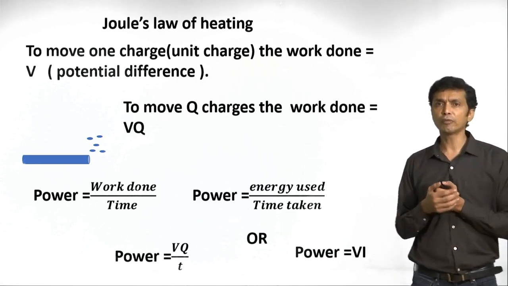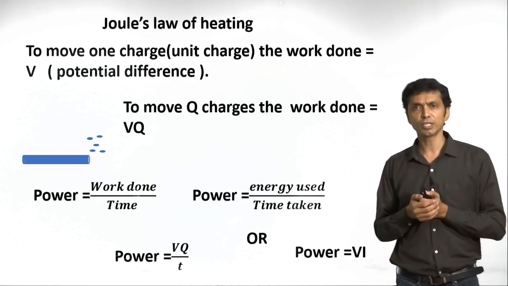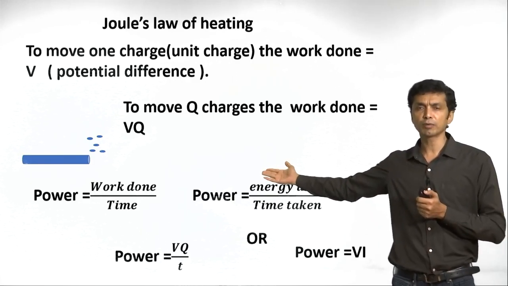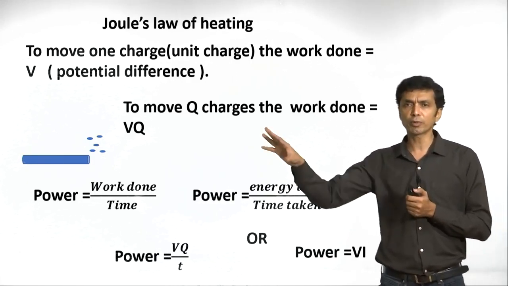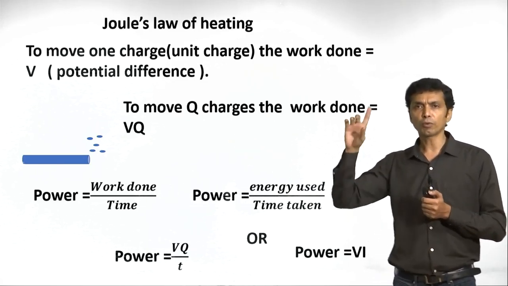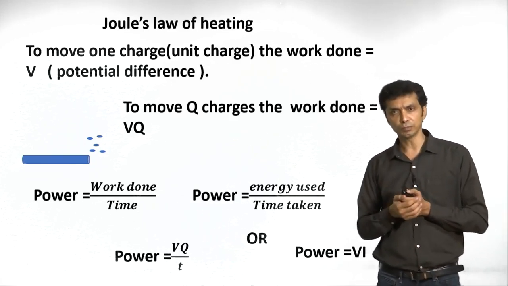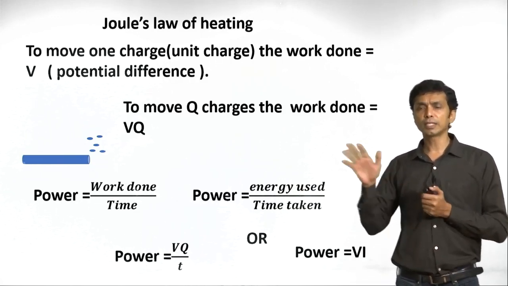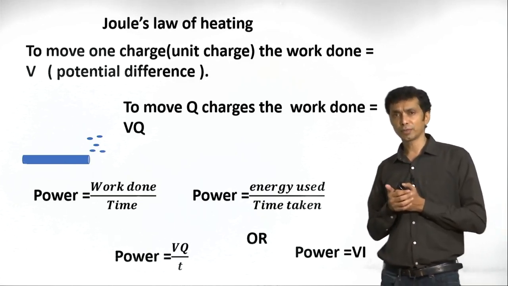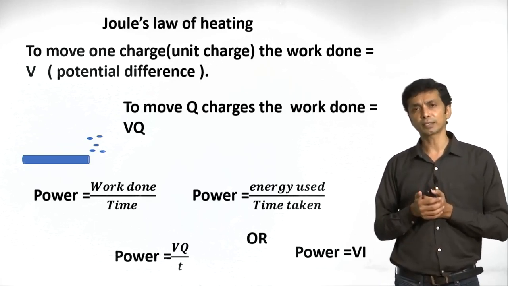So, this is Joule's law of heating. To move one unit of charge, we call it work done or potential difference. If we move q charges, as you can see there, more number of charges are there, then the work done is V into q. For one charge, the work done is V. For q number of charges, the work done is V into q. Now, that is the work done, but work done along with the time is power, that is the rate of doing work.